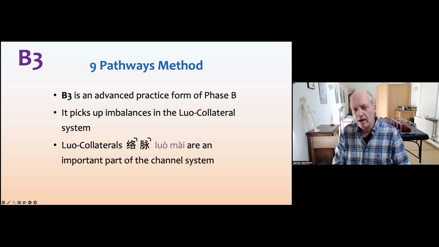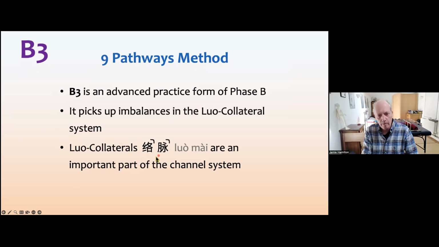And I will also, as part of this, teach a little bit about an interpretation of the Luo collaterals that is quite nice. So I'll look at this word first for Luo collaterals. This word is luo, and this is the word for when you have Jing luo.